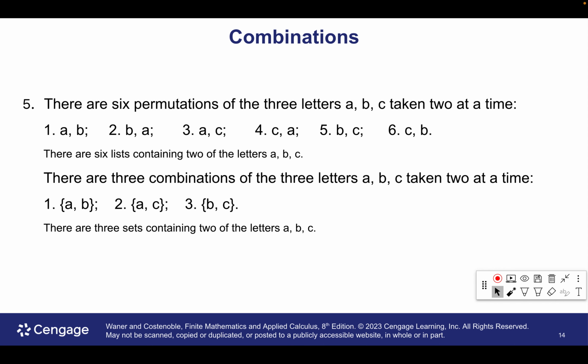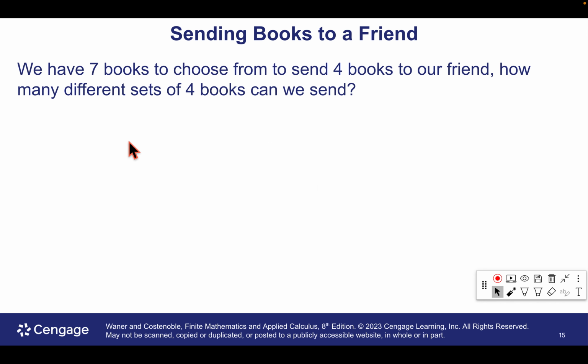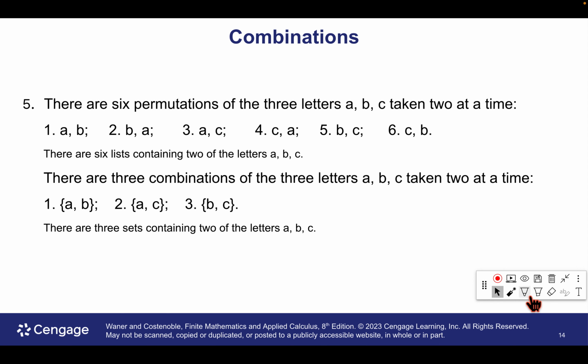So to visualize this, if we have 3 letters, A, B, C, and we think of the permutations, we could go AB, BA. Those are different. But if we were looking at them as order not important, AB and BA are the same thing. These 2 are really just one thing if we think of it as a combination. And AC and CA, these 2 are really just one thing, A and C, because order's now not important.